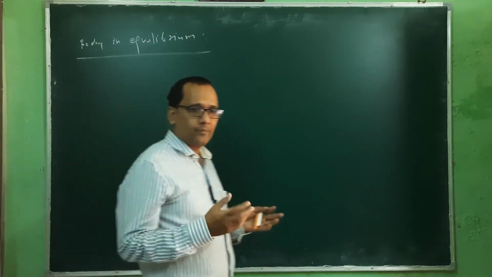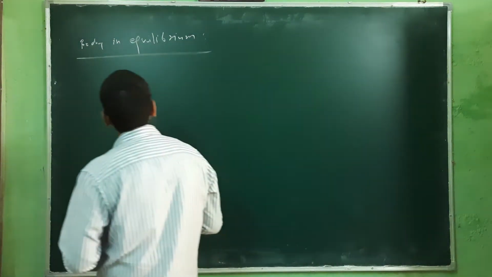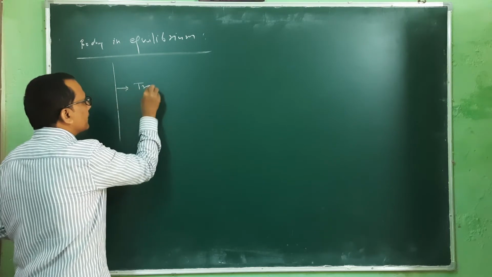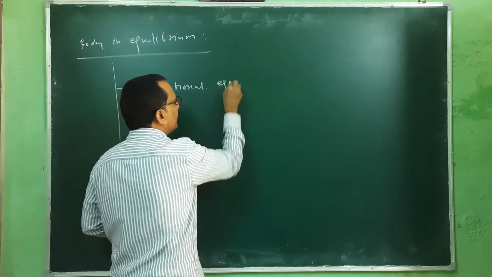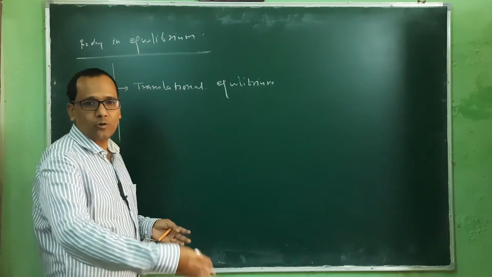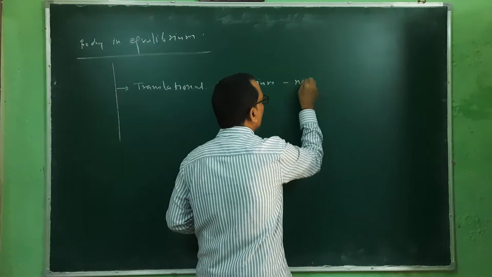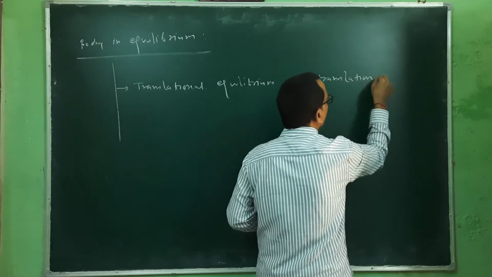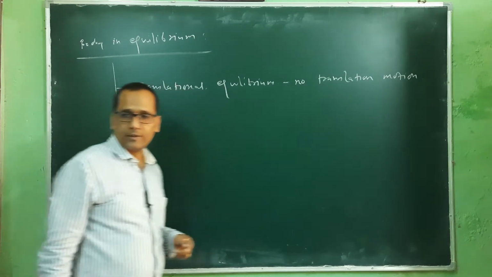That position may be translation position or angular position. So this equilibrium, the balanced form, is divided into two parts. One is translational equilibrium, when there is no translation motion. Body is not translating from one point to another point.